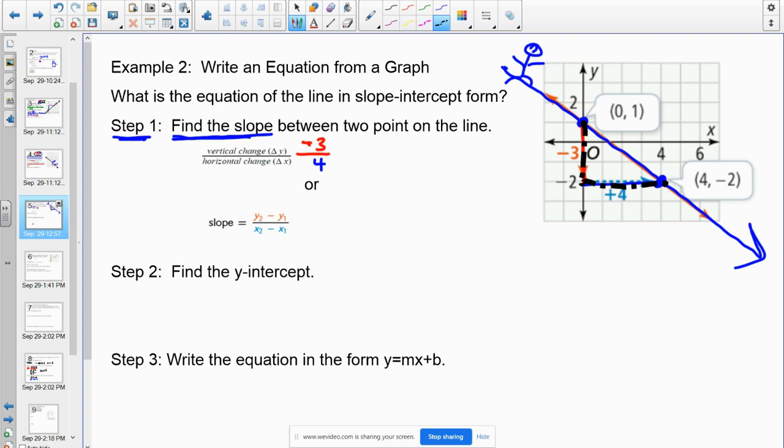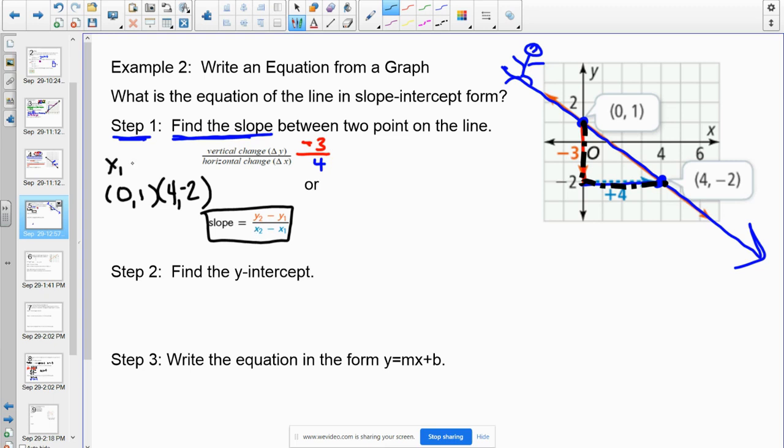The other way you could do it, if you're not fond of counting points, is you're going to pick those 2 points that you picked out. So in this case, it was 0, 1, and 4, -2. Actually, I'm going to write those next to each other. So 4, -2. And then you're going to use this equation. So the change of the y, so y2 minus y1 over the change of the x's, which is x2 minus x1.